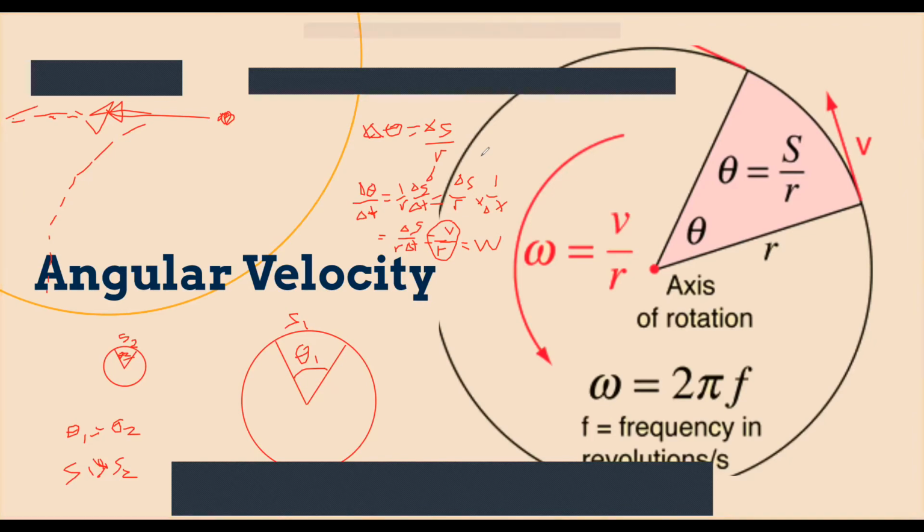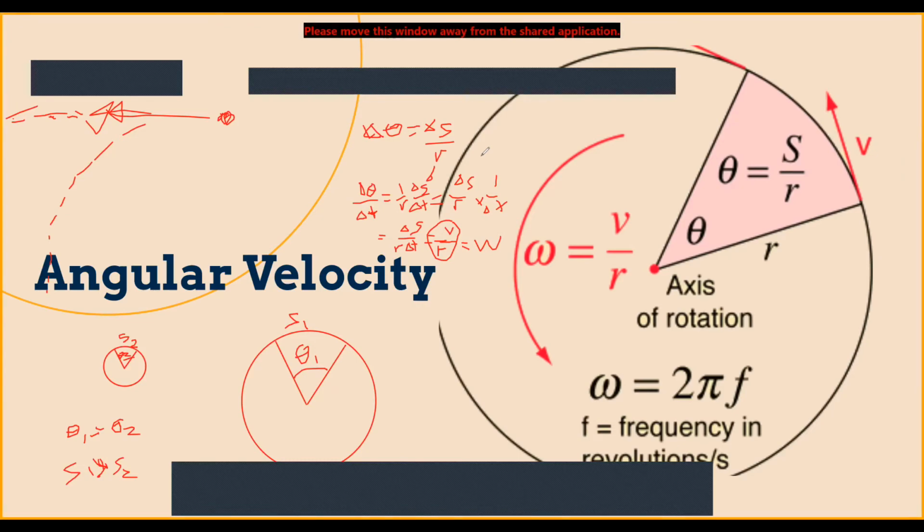Because in math, let's see if I can find a good math scenario. If you have 3 over 1 times 3, you have a 3 on the top and a 3 on the bottom, so that cancels out to 1. So then you end up with 1 over 1 because you have the other one that was left on the side. Same thing in here.